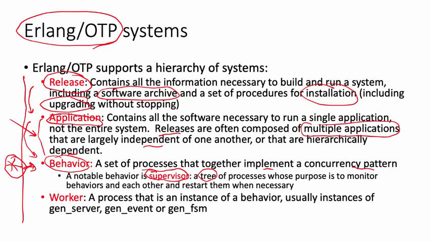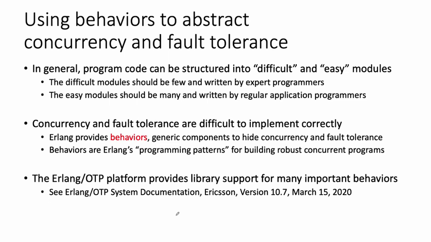So the supervisor is actually observing the system. And then the very lowest things are the actual workers. These are the actual processes that are implementing the behaviors, so gen server behavior, gen event behavior, or gen finite state machine behavior. Okay? So let me say a couple words about behaviors, and then I'll go to the chat.